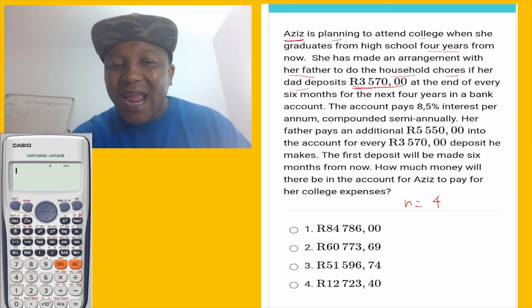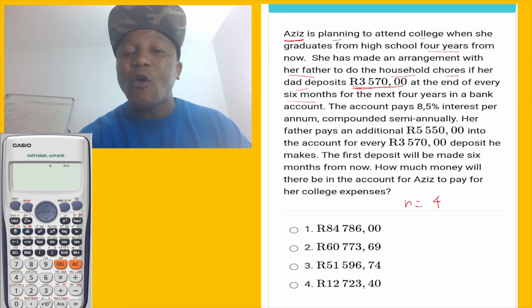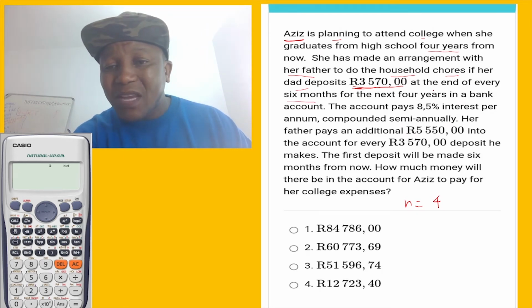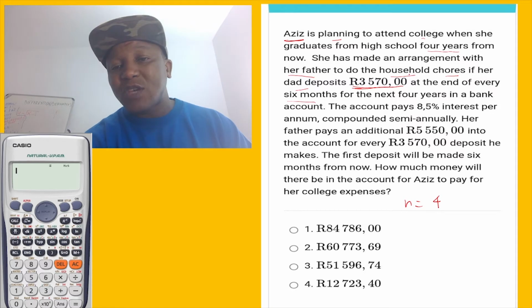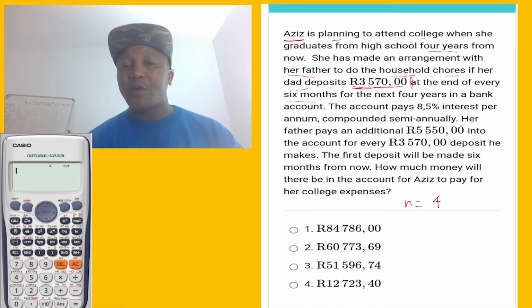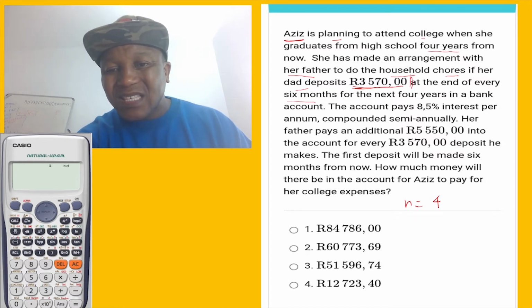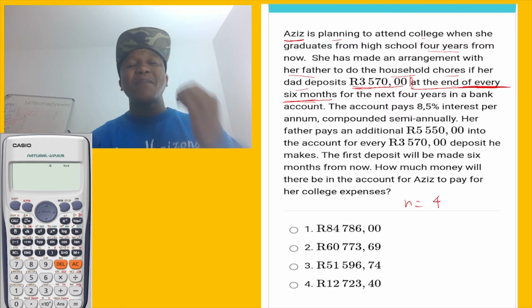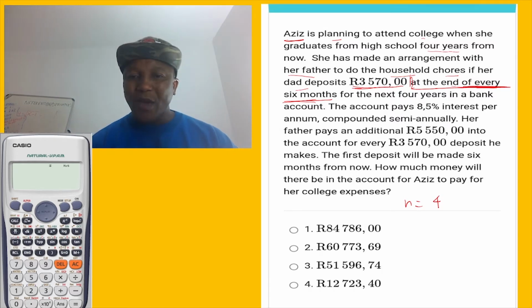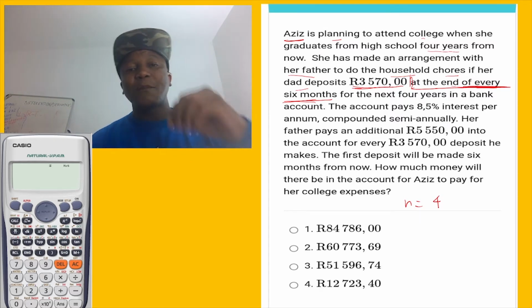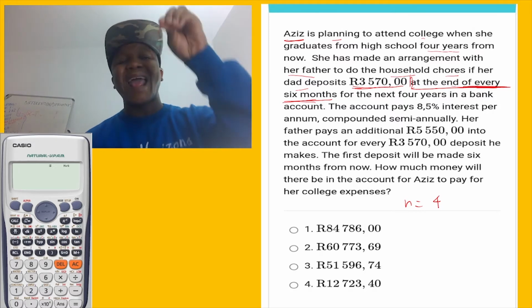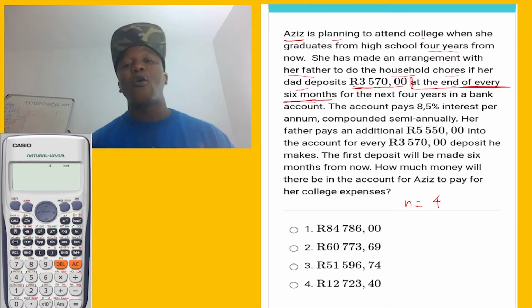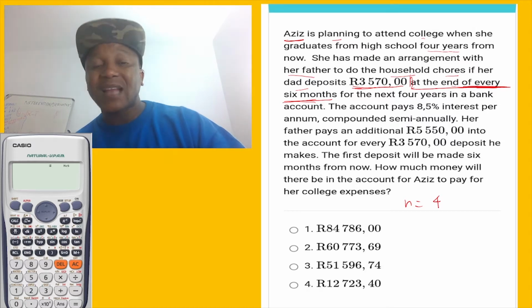At the end of every 6 months. I always say, whenever they mention the word every, because up here you don't know which type of formula you're going to use. But the moment they say at the end of every, this word every is very powerful in this question. Whenever they mention every week or every month, it means you're going to be depositing money every week, every year, to attain a certain goal.